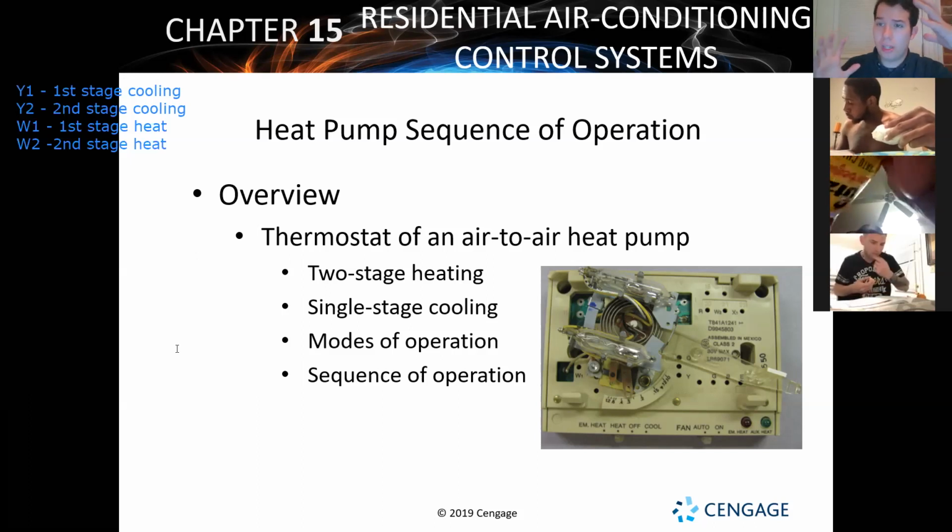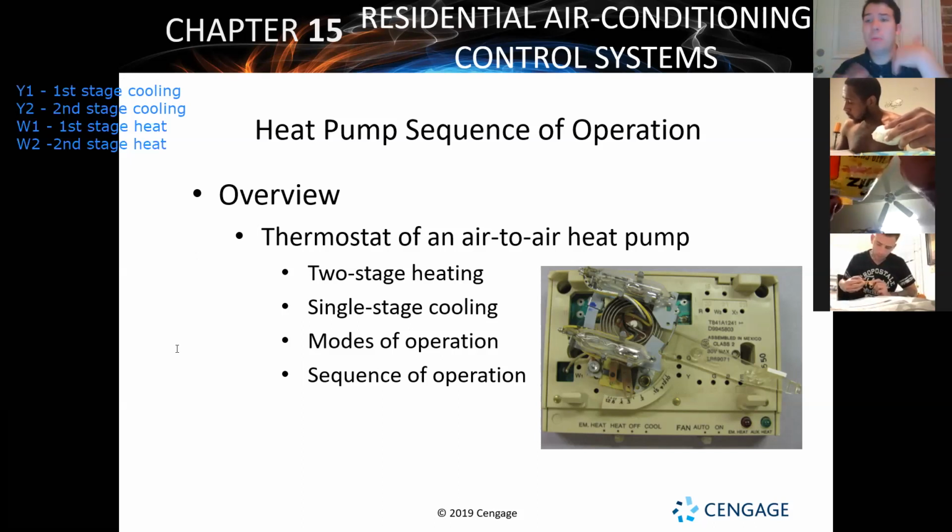But when it freezes over and has to go into a defrost mode, we still need to have heat produced in the building somehow. So we have an emergency backup heat. That's our second stage heat. That can be your electric heat strips, being the most common one, or it can be a gas furnace. It just depends on what kind of setup the person's got in their home. But typically, your first stage heat would be your heat pump, and your second stage heat would be your electric heat strips.